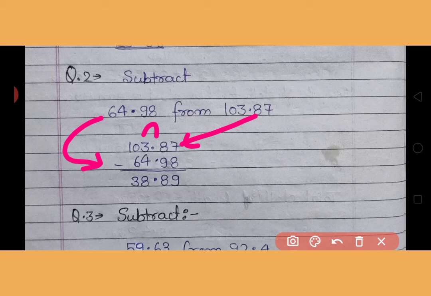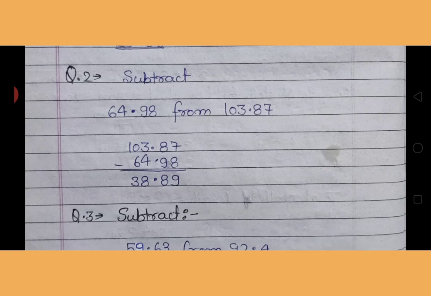Now 187 subtract 98, so it remains 89. 0.89 remains, and here remains only 102, so 102 subtract 64. It remained 12 minus 4 is equal to 8, and 9 minus 6 is equal to 3, so its answer became 38.89.